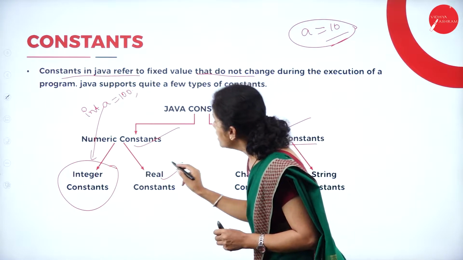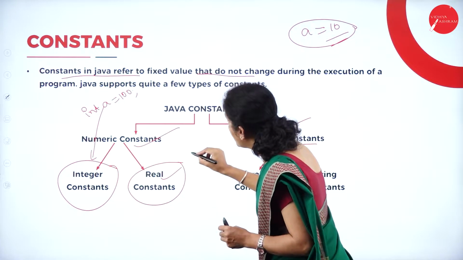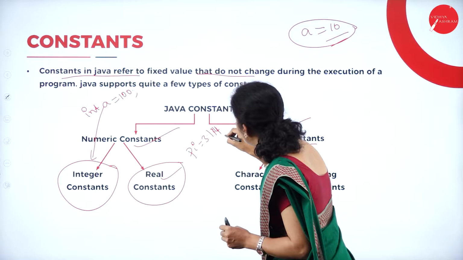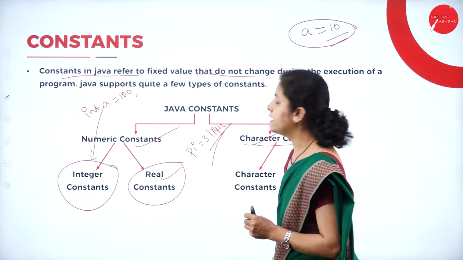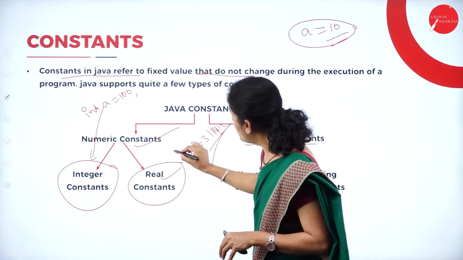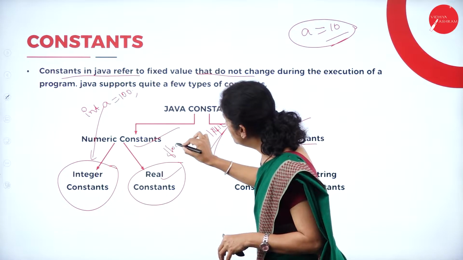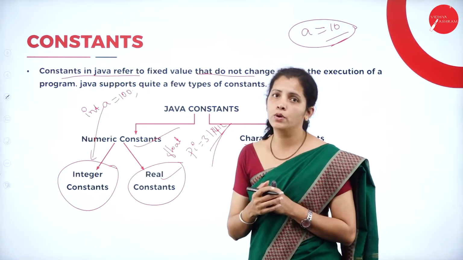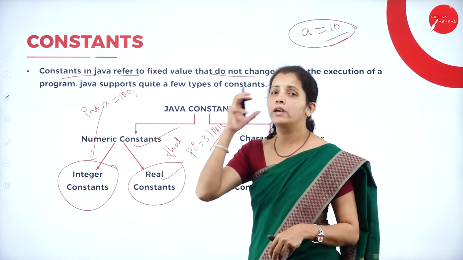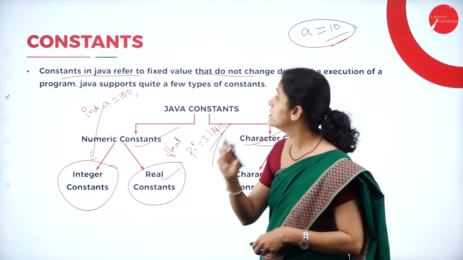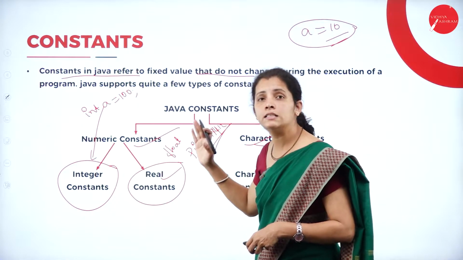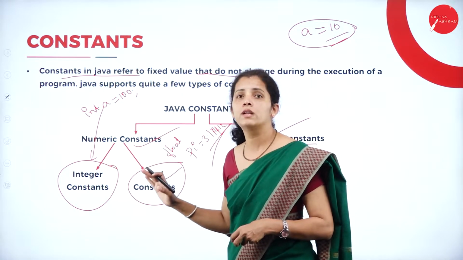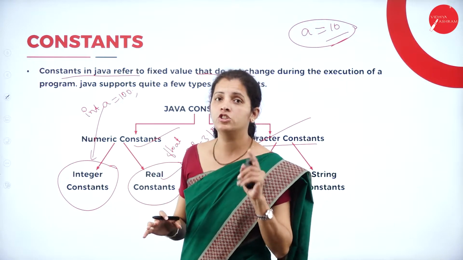Even in my program, if I write pi equal to 3.1412, then it is an example for floating point constant. That means at the beginning itself, I define the value, and whatever value I assign remains as it is throughout the program. That means during execution of the program, the values do not change.